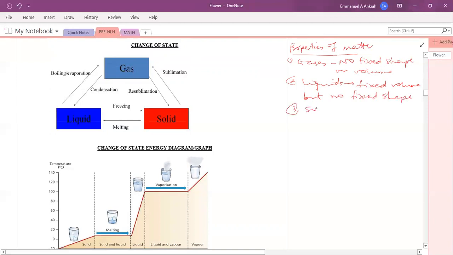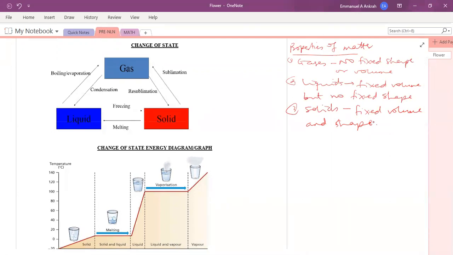And then solids, they have fixed volume and shape. Fixed volume and shape. Okay. Properties.